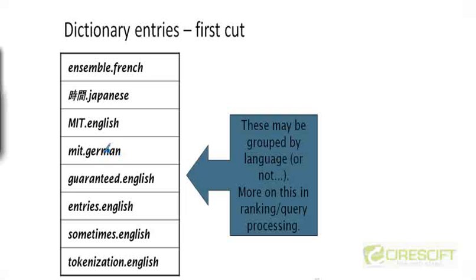This helps because if you have a German document, and if it has the word MIT in it, especially when it's not capitalized, you could specifically look up the postings list for this term, MIT.German, instead of collapsing this MIT and this MIT into a single postings list. You could keep them separate because they correspond to different languages.